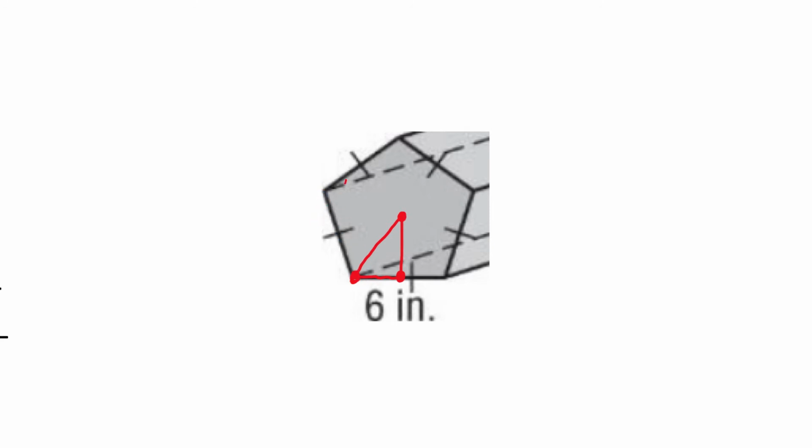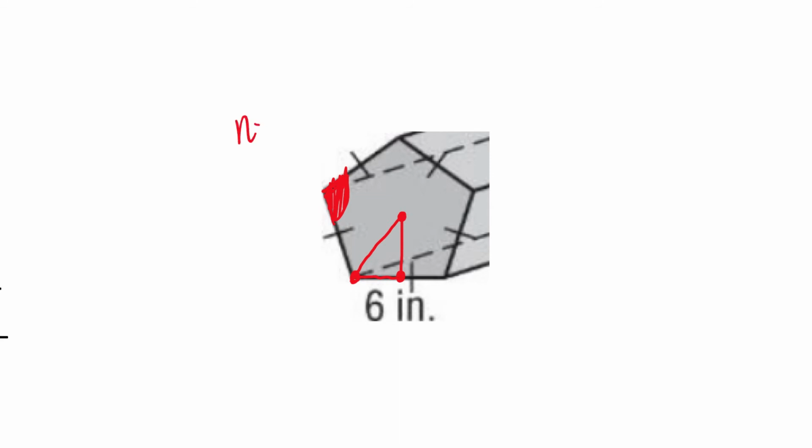So the first thing I need to do is figure out how big this angle is right here. So how am I going to find out how big that one single angle is? Okay, the inside angles, and this would be another way to do it, the inside angles would be 360. But remember, there's a formula that I gave to you, and this has been quite a while ago. There's a formula to find the total of the inside angles here.